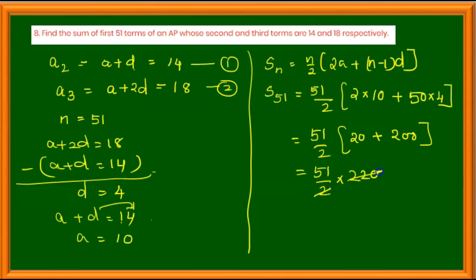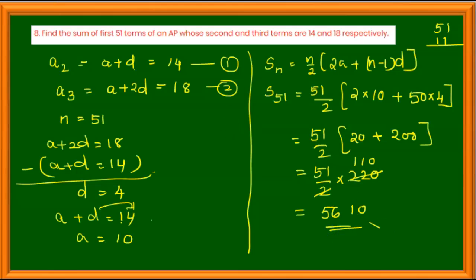If we divide this, what will you get? 110. 110 into 51, simply multiply. 51 into 11 is 561, and the 0 is already there. So the answer is 5610.